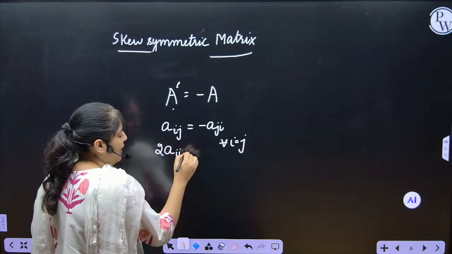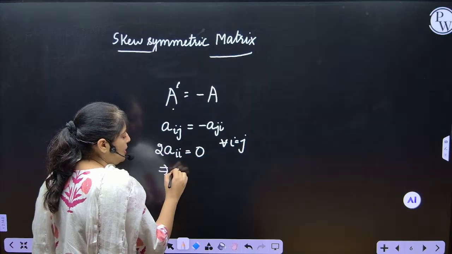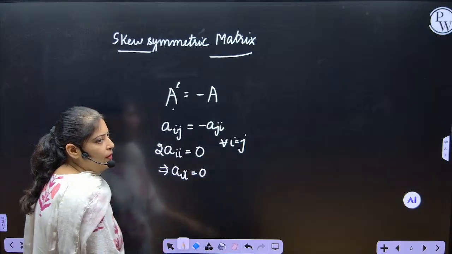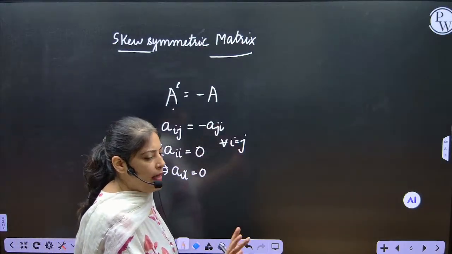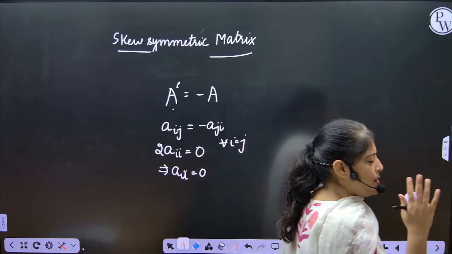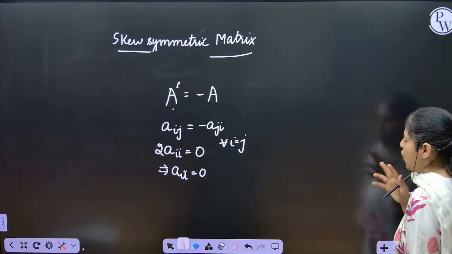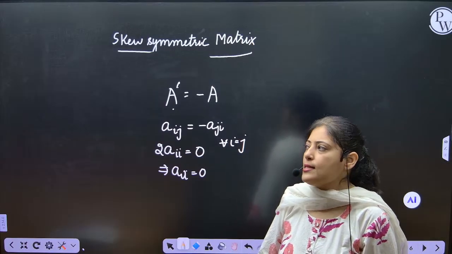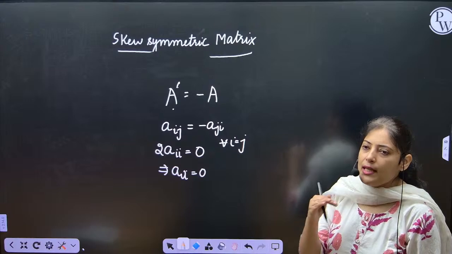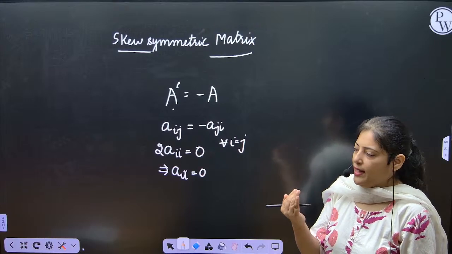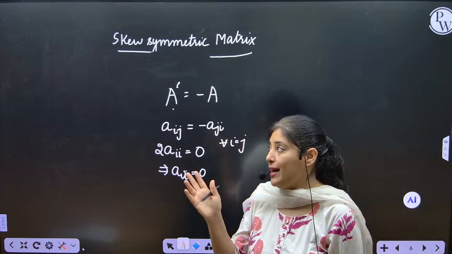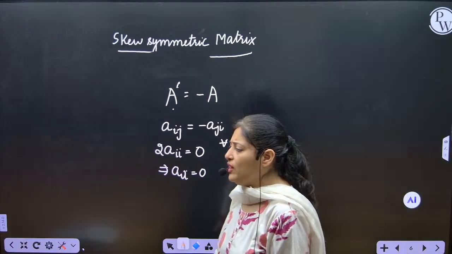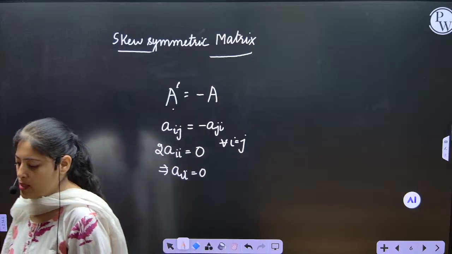Twice of Aii equals 0. This implies Aii is equal to 0. That means A11 will be 0, A22 will be 0, A33 will be 0, A44 will be 0, A55 will be 0. That means all the diagonal elements will be 0. There is a way to see whether that is a skew symmetric matrix or not. When we do determinants, at that time also we'll see this once more.